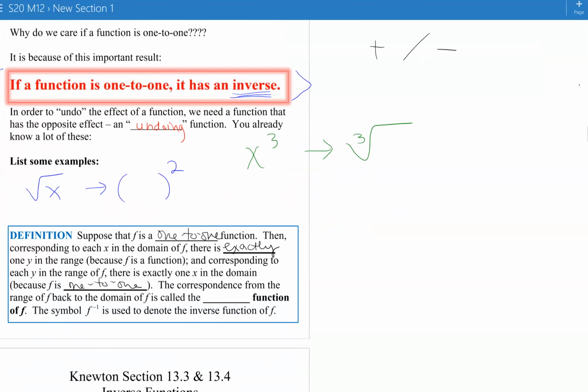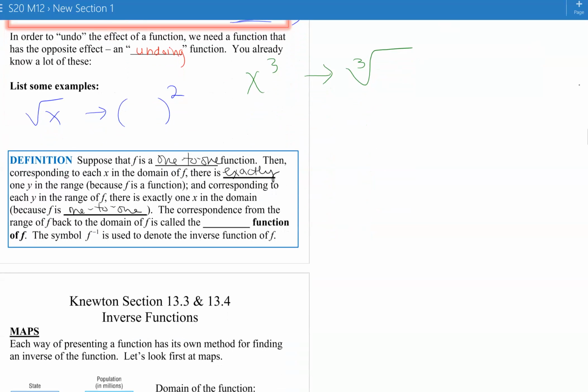The correspondence from the range of f back to the domain of f is called the inverse function of f, and we write this in symbolic language as f with a superscript -1. So that's not an exponent, and it's just a symbolic language that gets used to represent the inverse function.